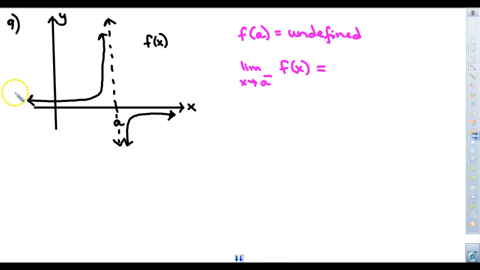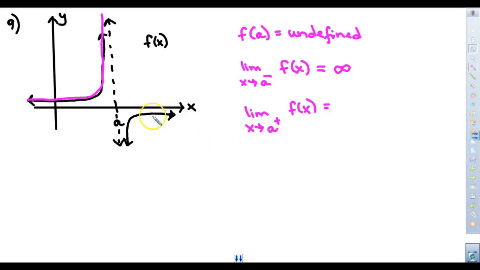All right, well, let's check out this limit as x approaches a from the left. Okay, so start over here on the left side of a. As x approaches a, y keeps going up, up, up forever. It's approaching positive infinity. Well, that's not a number. That should tell you something right there. What about from the right side?